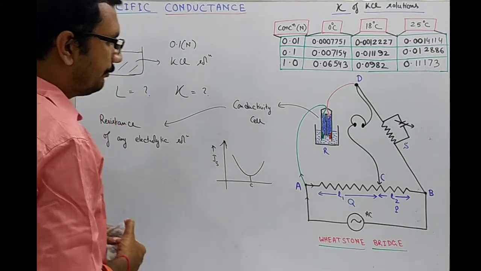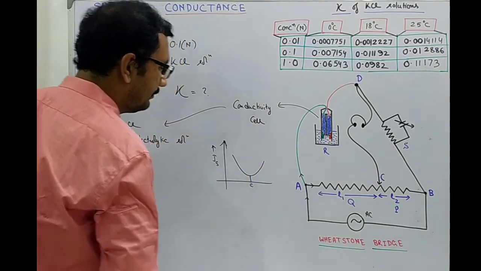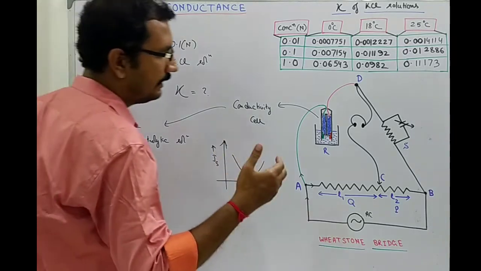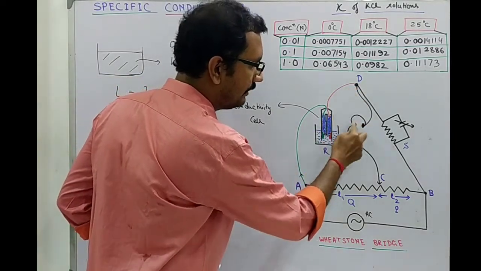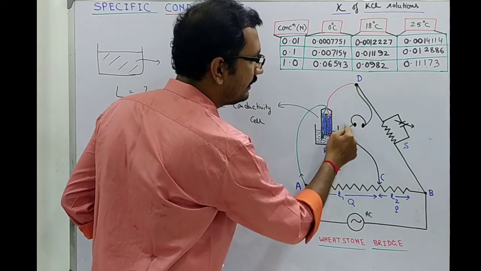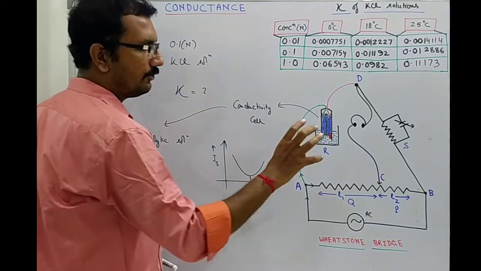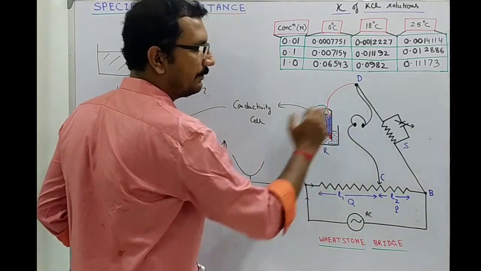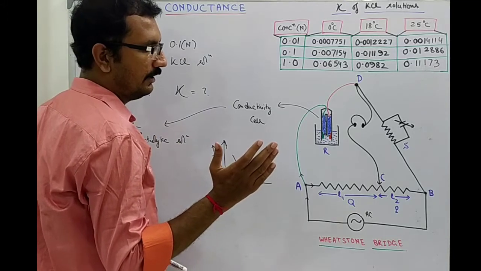Now, at the point where the intensity of sound is minimum, it is guaranteed that no current is passing through this DC arm. You can also check this with the help of a galvanometer. There will be no deflection in that case.